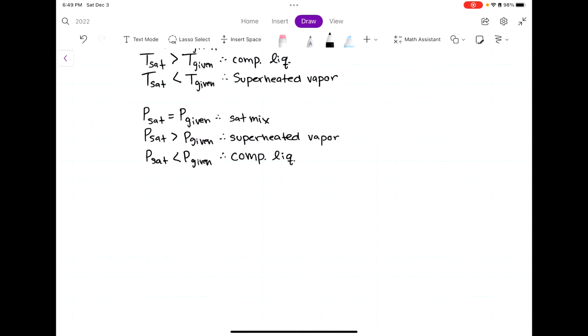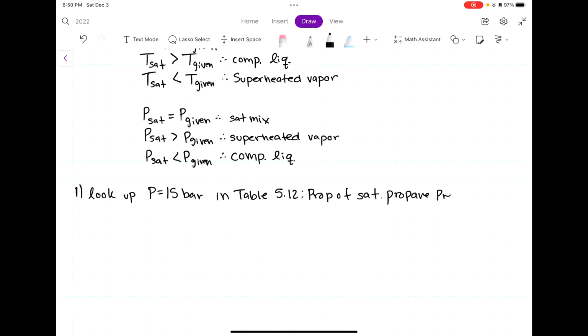First thing is to look up where the pressure is equal to 15 bar in table 5.12, which in my textbook is the properties of saturated propane. And this is the pressure table.